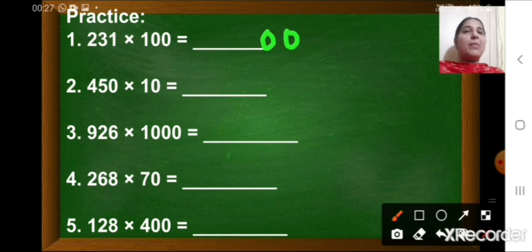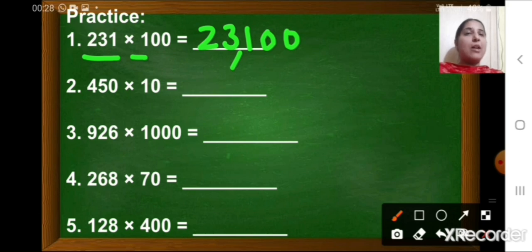And now we will multiply this number by 1. 231 multiplied by 1. So what will we get, children? 231 only. So the answer obtained here is 23,100.